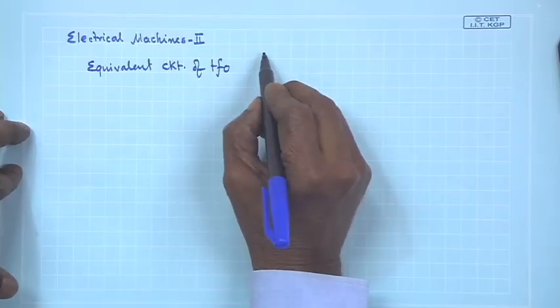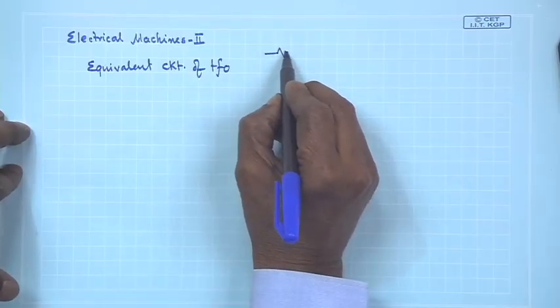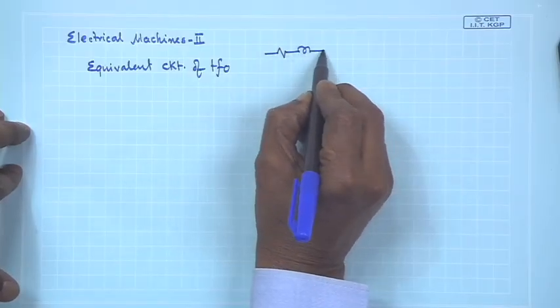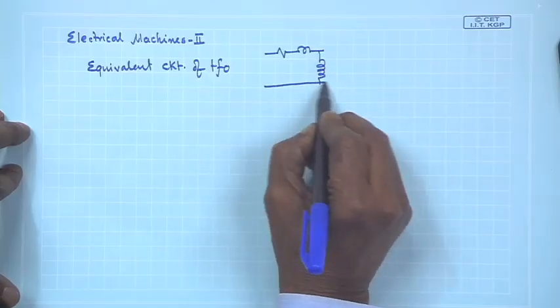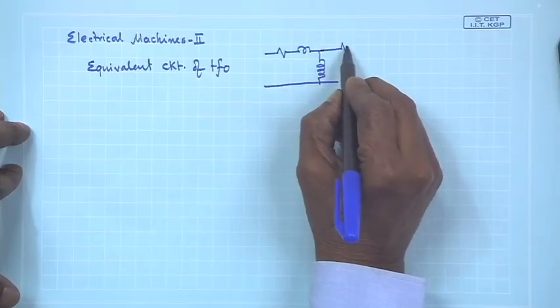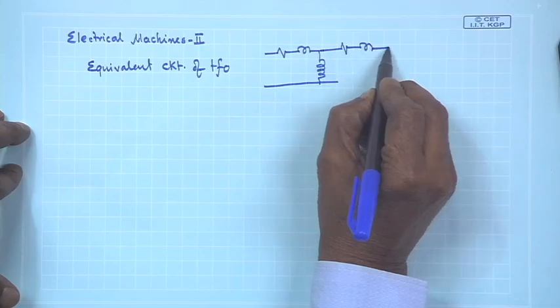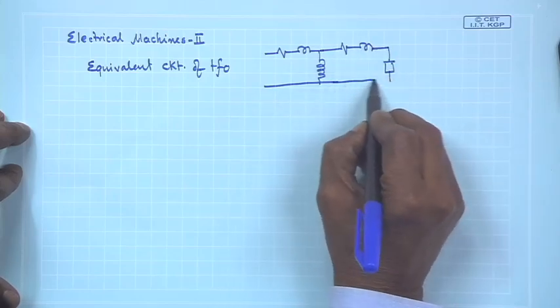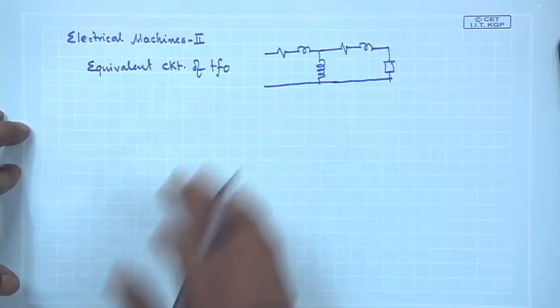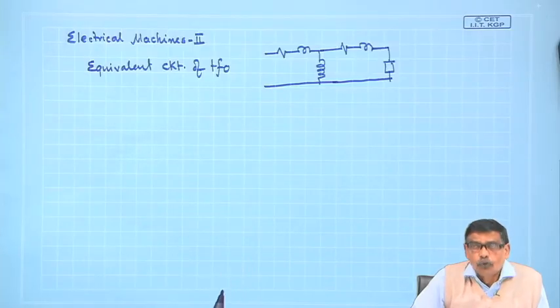which you must be knowing, it is drawn like this. And this transformer, let us assume it has got no core loss.